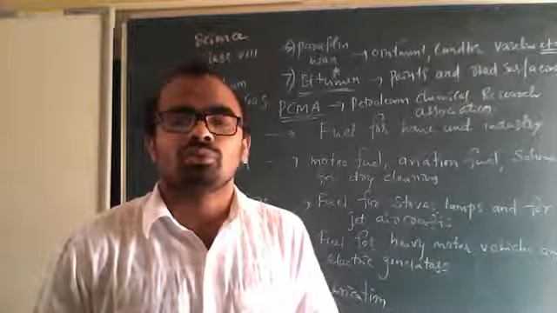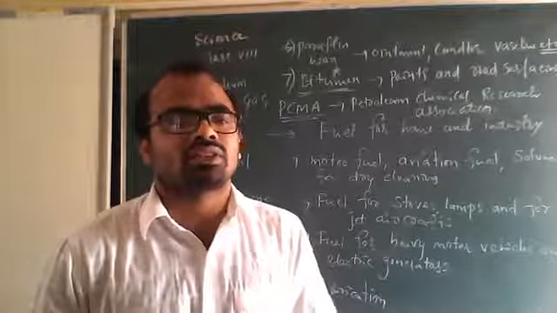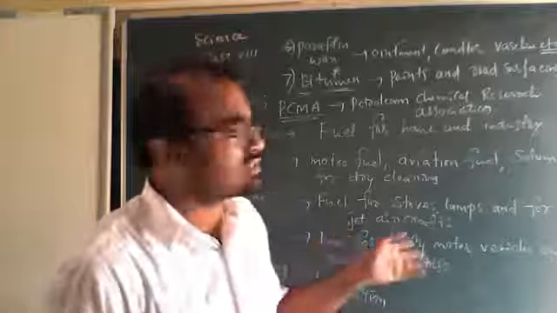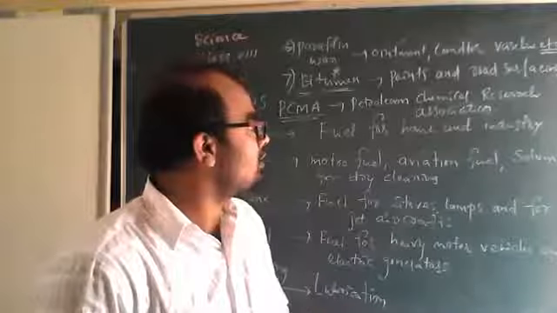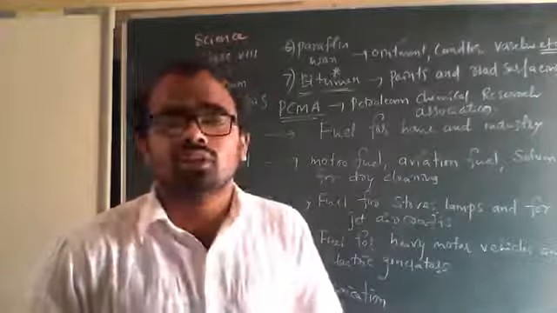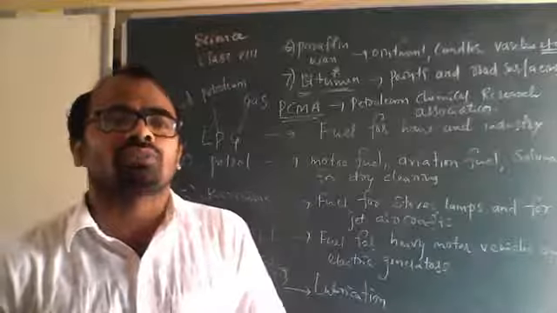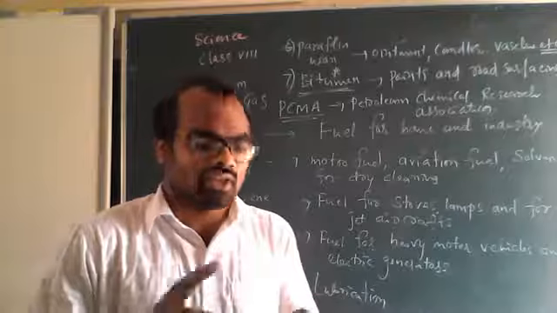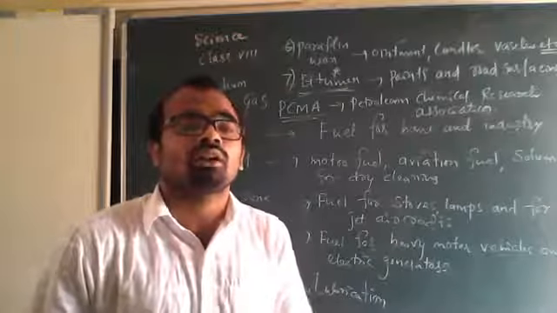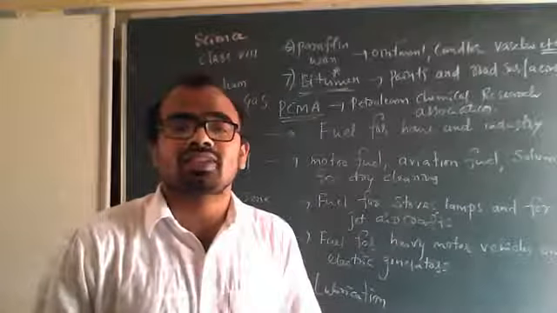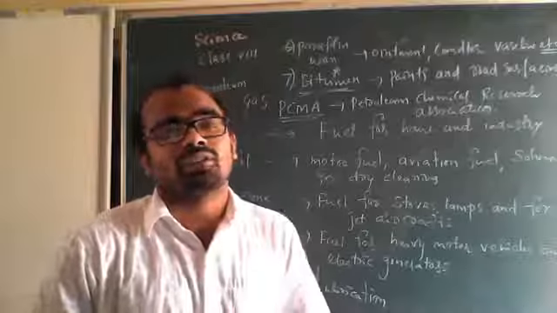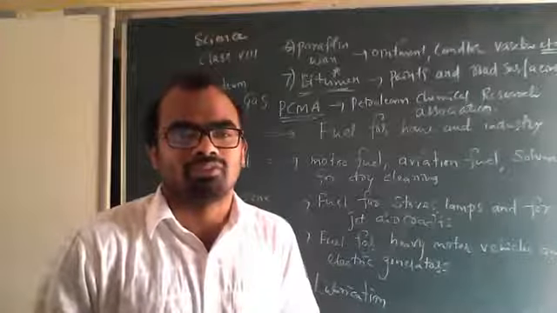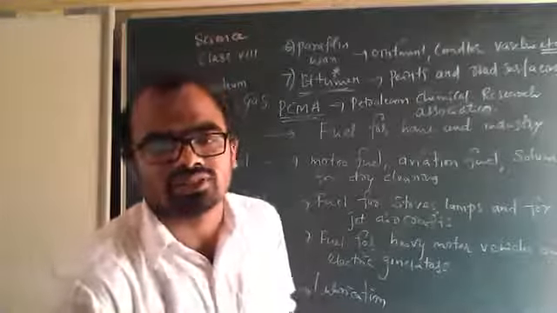So your chapter, coal and petroleum, is finished. We are done with the fourth chapter, metals and non-metals, and the fifth chapter, coal and petroleum. In the next class we will see the exercise of this chapter, and after that, 2 chapters will be completely finished. Okay, we'll see in the next class.